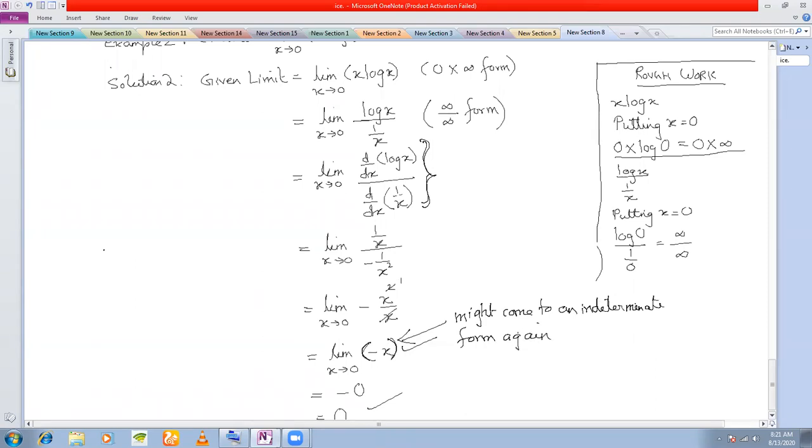If it comes to an indeterminate form again, then you proceed again, that is, you differentiate again.